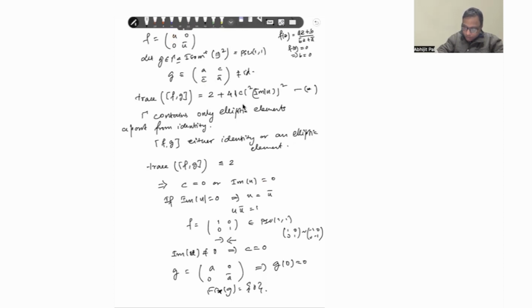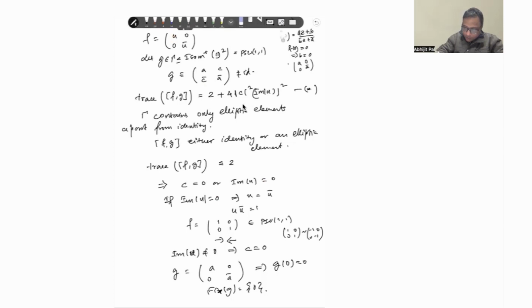So the corresponding matrix for this f will be of this form, a diagonal matrix.